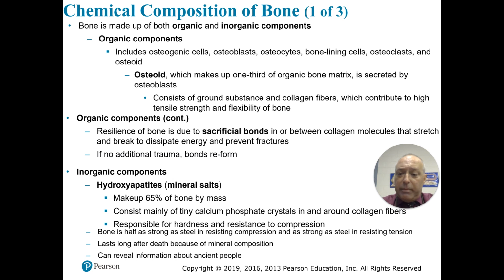Now the organic components are going to be collagen that can stretch and resist stress. The inorganic compounds are called hydroxyapatites. These are mineral salts. These make up 65% of the bone mass. They're mainly calcium phosphate crystals around collagen fibers, and they're responsible for hardness and resistance to compression.